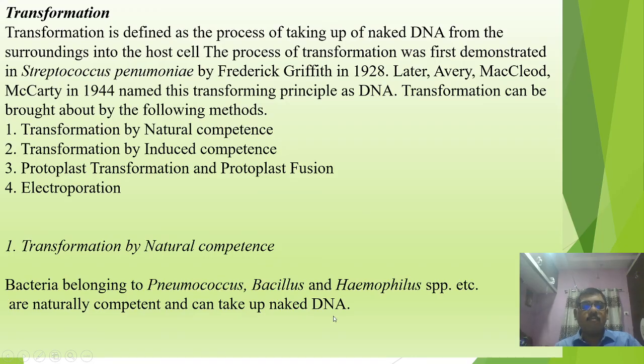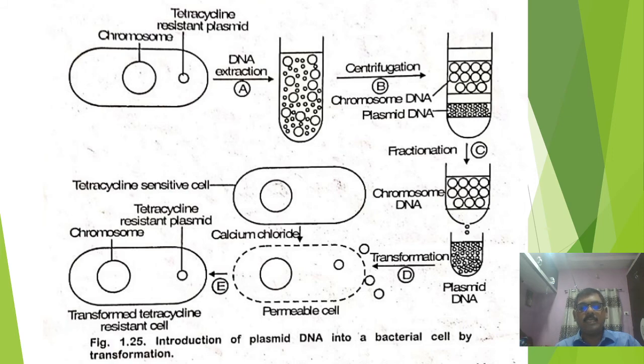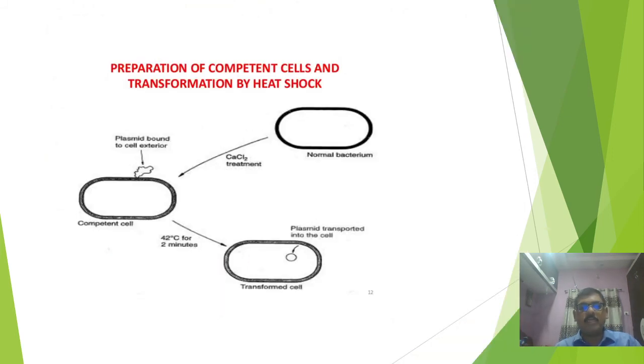So this is transformation by induced competence with the help of calcium chloride treatment. We give the calcium chloride treatment, and first the cells are subjected to cold treatment at 4 degrees centigrade, and after that the temperature is suddenly raised to 42 degrees centigrade for a short time, about 2 minutes.